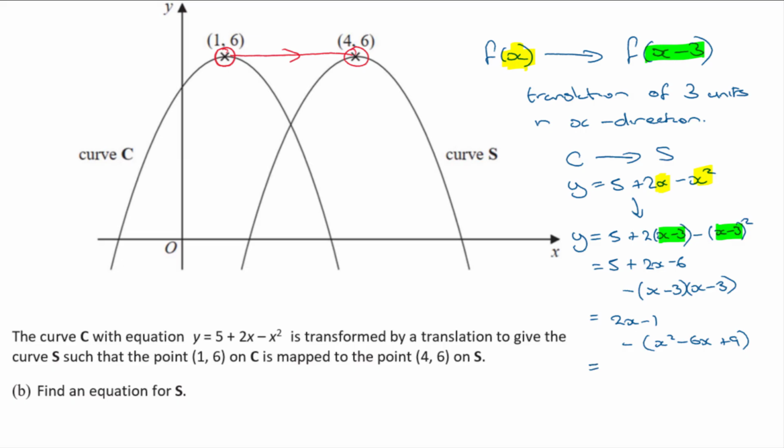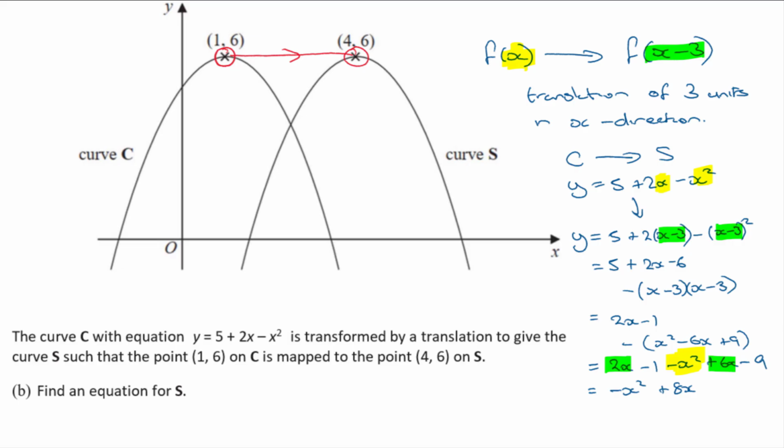And then removing the brackets: 2x minus 1 minus x squared plus, because minus and minus is a plus, 6x minus 9. So what's that then? I've got one term in x squared, so that's minus x squared. I've got some terms in x, 2x and 6x, that makes 8x.